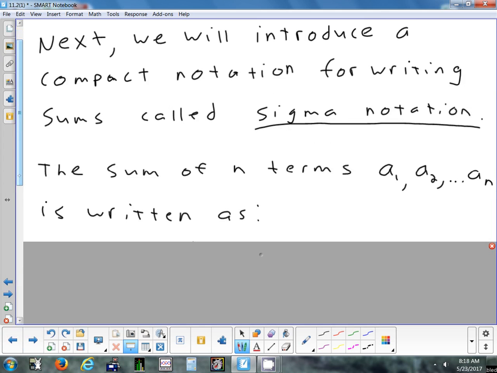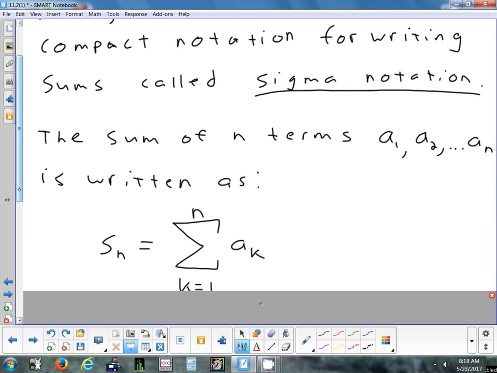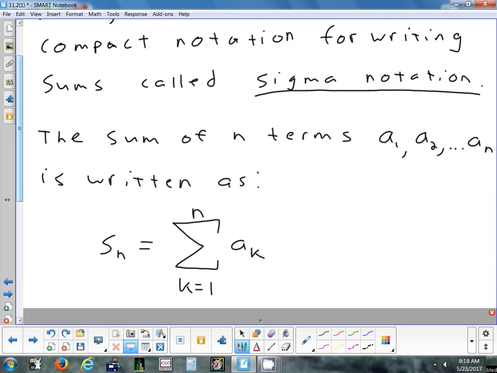Okay, so let's say you wanted to add up the first n terms in a sequence. And you wanted to represent that with some kind of notation without writing out A1 plus A2 plus A3 plus A4. What you could write is that. So S sub n stands for the nth partial sum.